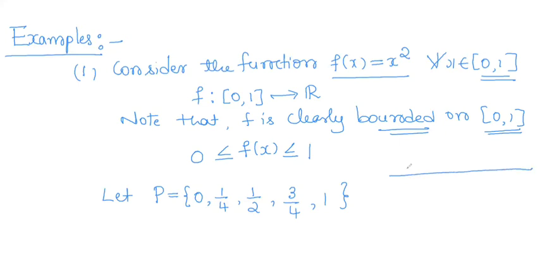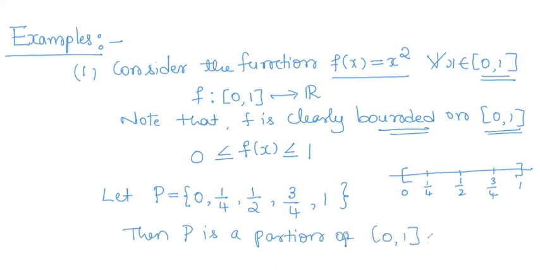So if this is the closed interval 0, 1, in between 0 and 1, I'll consider the points 1 by 4, 1 by 2, 3 by 4. So these are the numbers. Then P is a partition of the closed interval 0, 1.